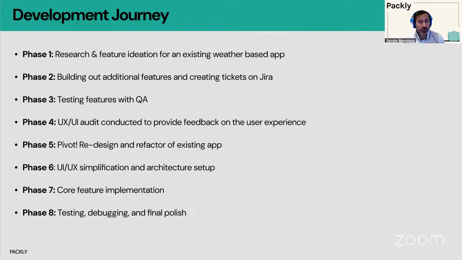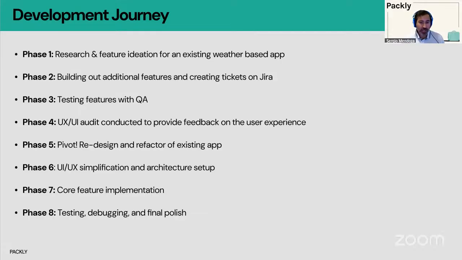In phase three, we incorporated the QA. Partnering with the QA testers, we focused on thorough testing and debugging to ensure feature stability and performance. In phase four, we brought on Emily, our designer, and she conducted a comprehensive UX UI audit, offering actionable insights to improve our usability. In phase five, we did a strategic pivot and redesign.